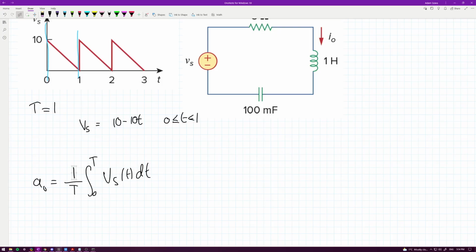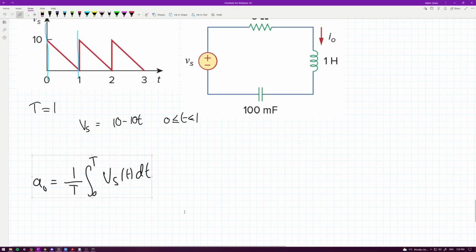Based on whether you have an odd or even function, if it's odd symmetry, then you can make an equal to zero. If it's even symmetry, bn equals zero. So we're essentially doing a cosine series here.